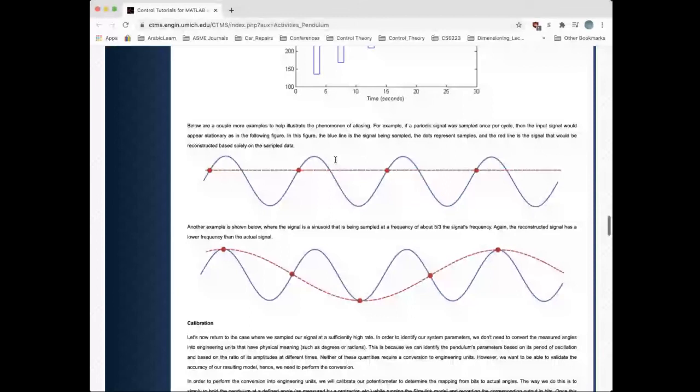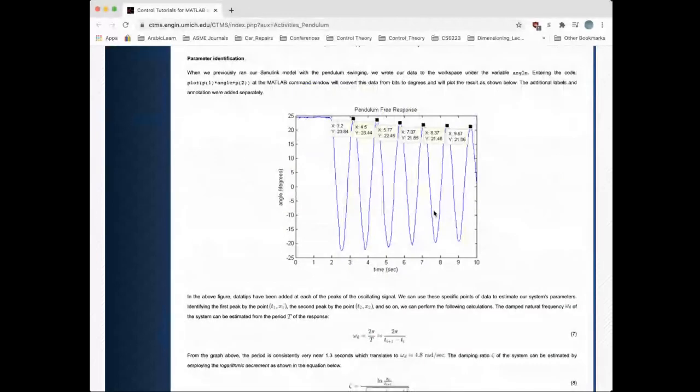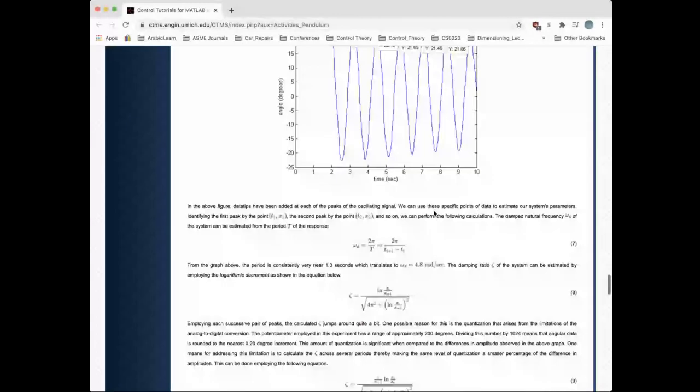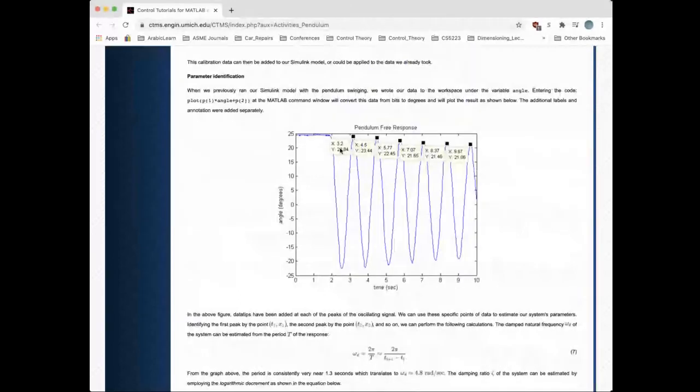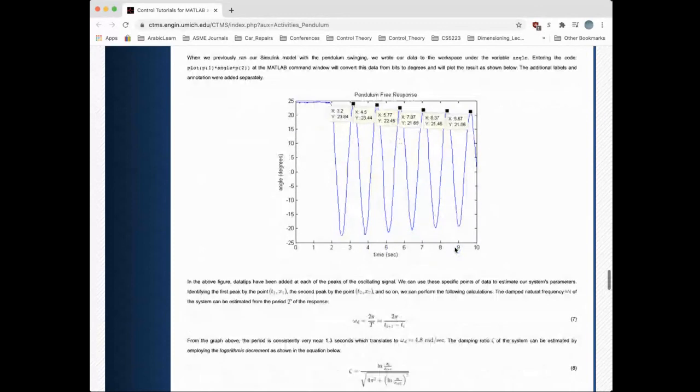Yes. So pendulum free response data. You will find out from this figure the values of y1, y2, y3, and so on. These are the displacements.